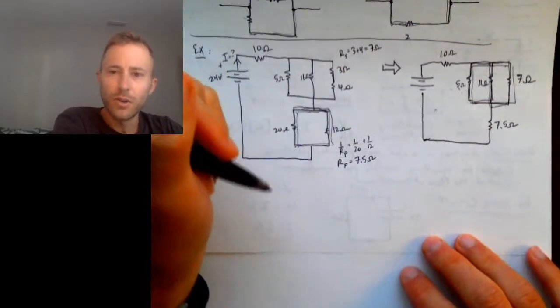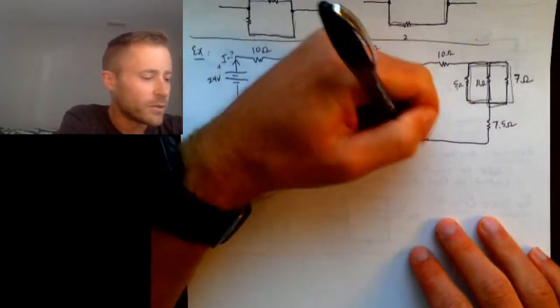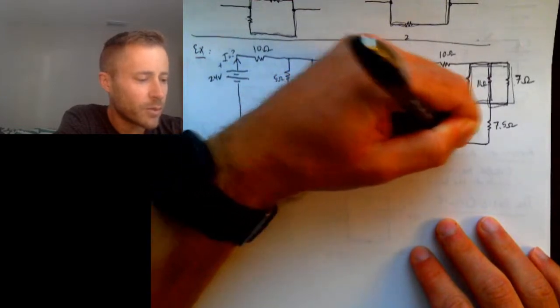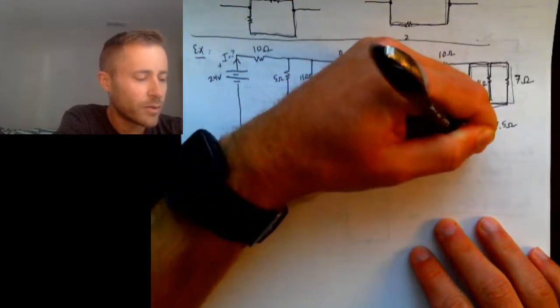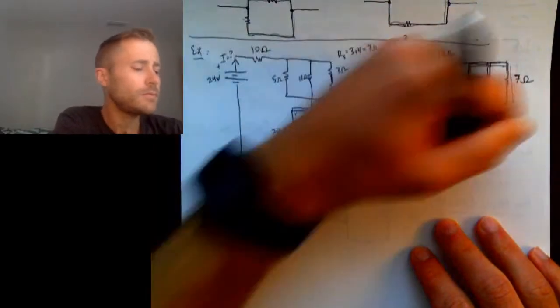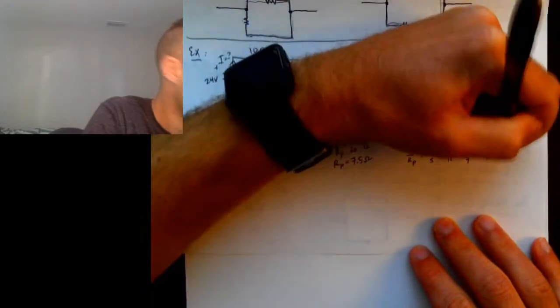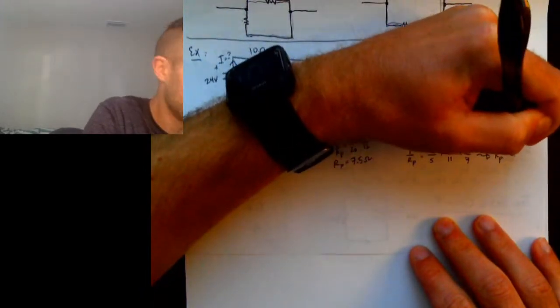Okay, so all three of those are in parallel. So I go 1 over R sub P is 1 over 5 plus 1 over 11 plus 1 over 7. And that tells me that R sub P is 2.3 ohms.